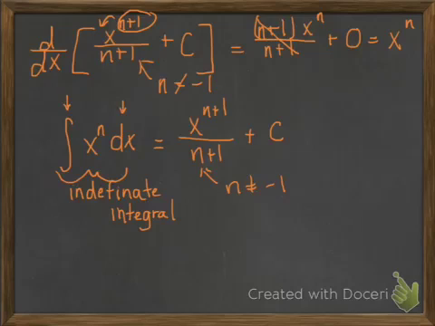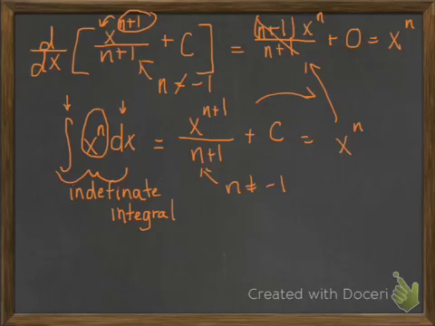So when we take the derivative of this, it equals the same thing as that there. And we figured that out to be just x to the nth. So if you wanted to go back and check, it'll be x to the n, which is what we're finding the indefinite integral of.